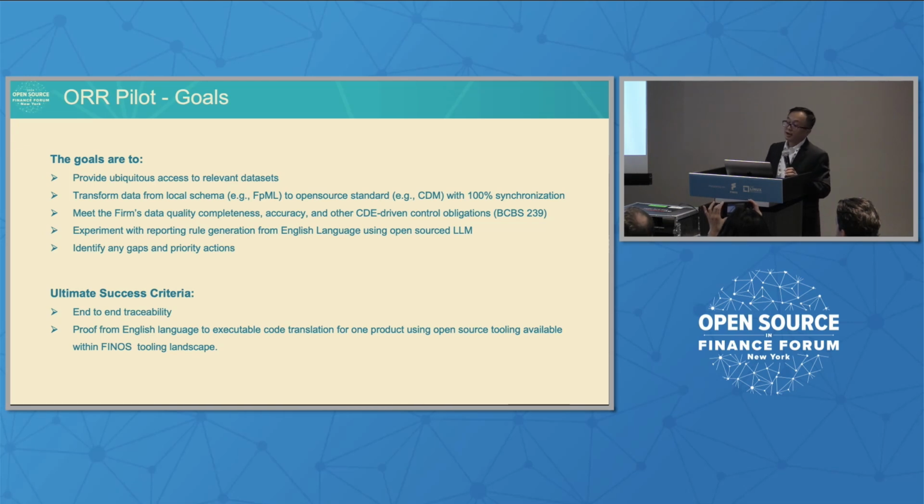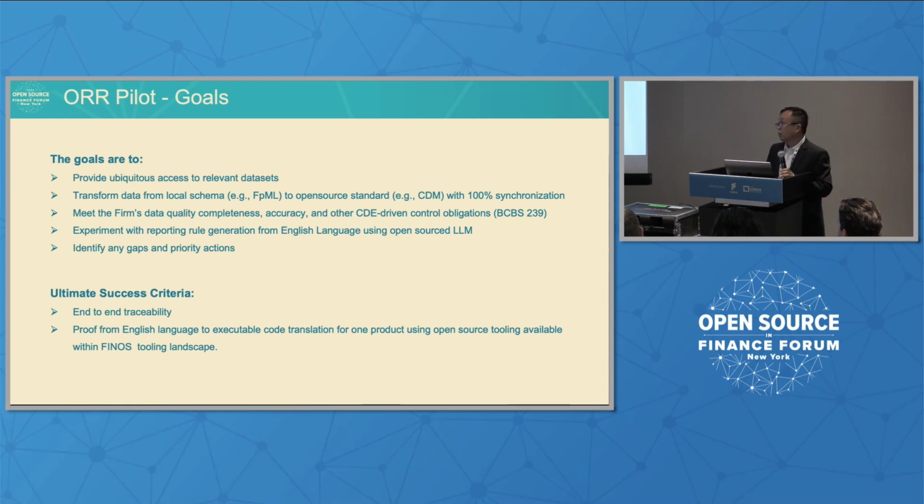And if time allows, definitely, we're going to try these AI initiatives on regulatory rule and executable code generation from English language risk regulatory requirement text. So if there's any gap identified, we definitely will prioritize to act on it.